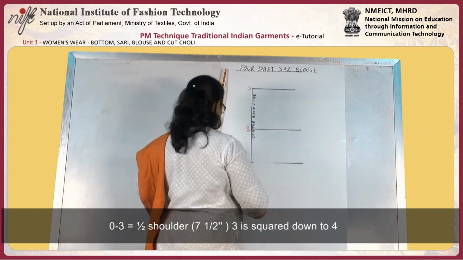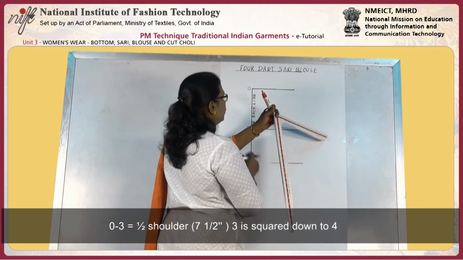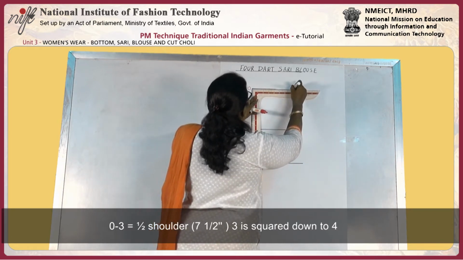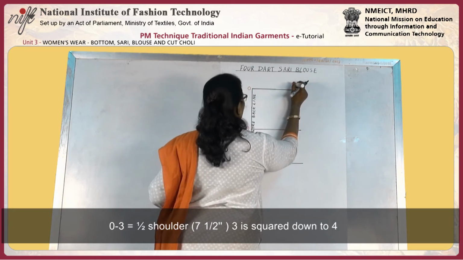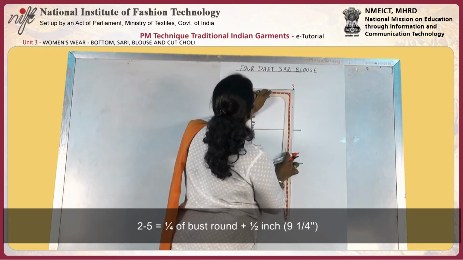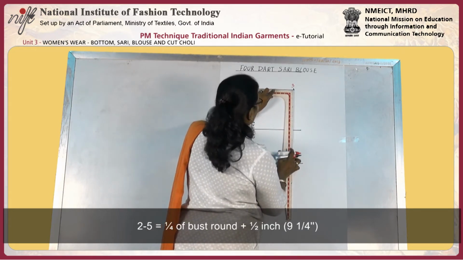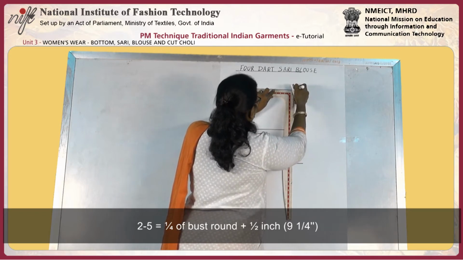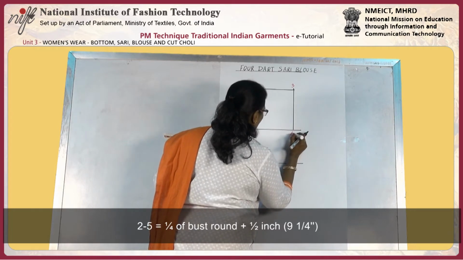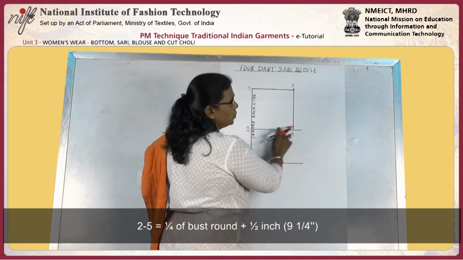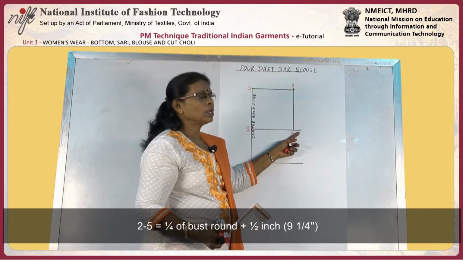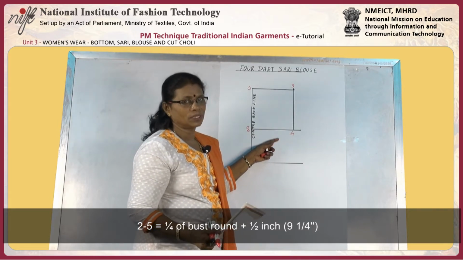0 to 3 is the shoulder. Shoulder is 15 divided by 2, which is 7.5 inches. 3 is squared down to 4. 4 to 5 is equal to bust by 4 plus half an inch.